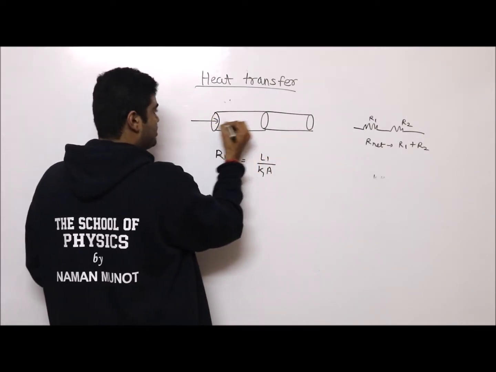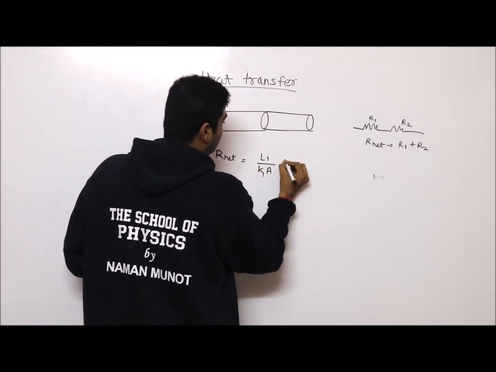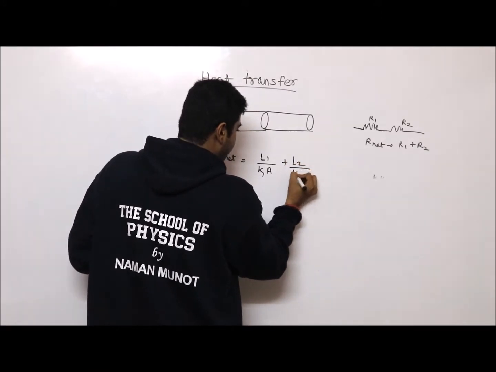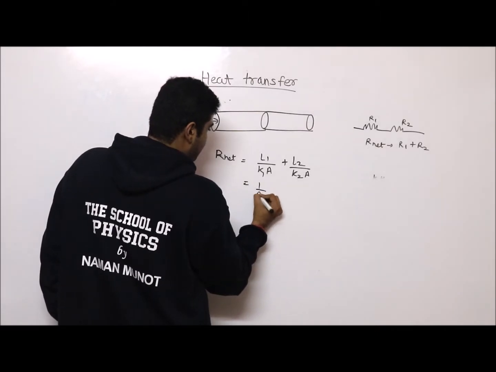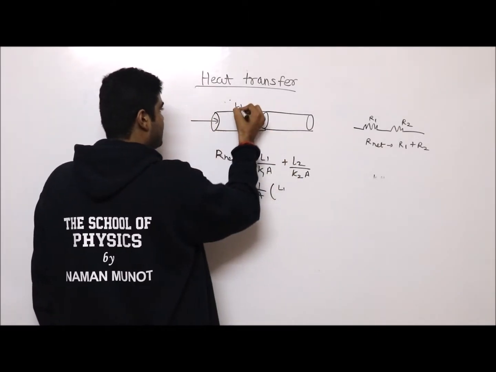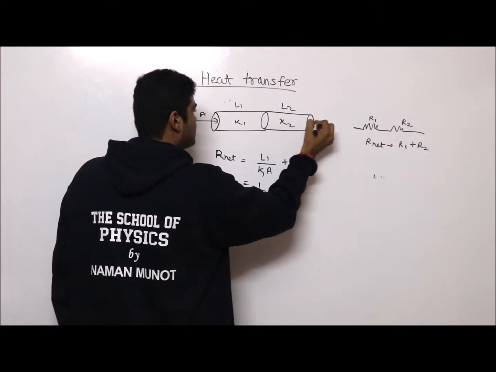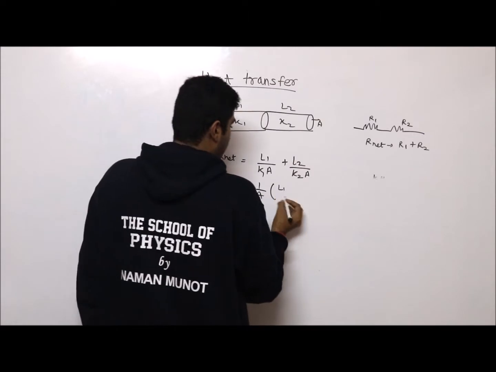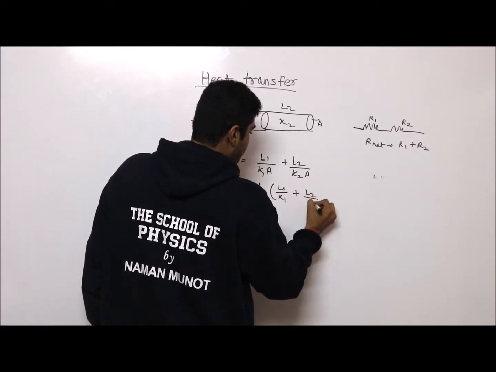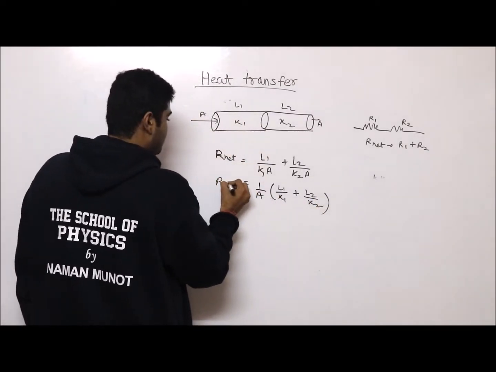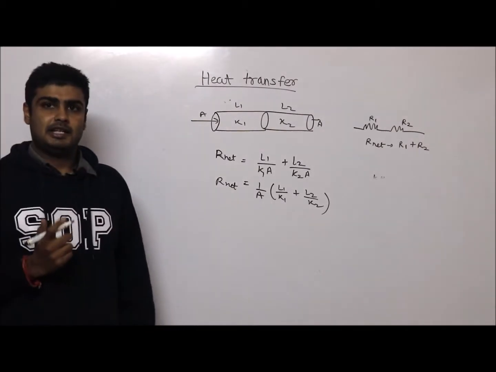Since area of cross section in both of these is common, we write A for both. So this becomes 1 by A, L1 by K1 plus L2 by K2. So this is L1, this has K1, this is A, this is L2, this has K2, this is A. This becomes the thermal resistance net for this combination in series.